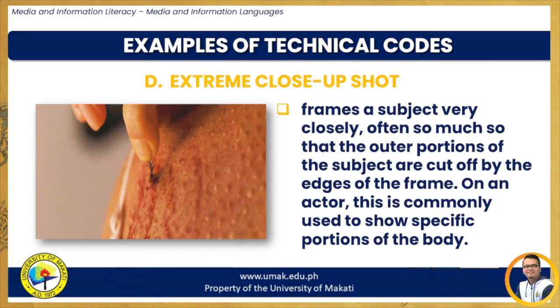Extreme close-up shot. An extreme close-up shot frames a subject very closely, often so much so that the outer portion of the subject are cut off by the edges of the frame. On an actor, this is commonly used to show specific portions of the body, like the face or hip, but it can go closer to show only an actor's mouth or even a single eye.